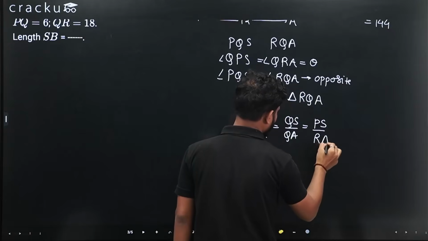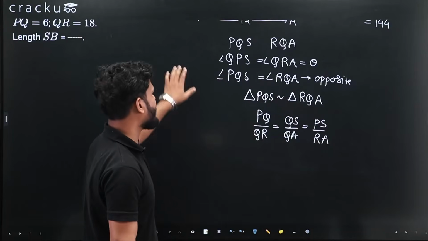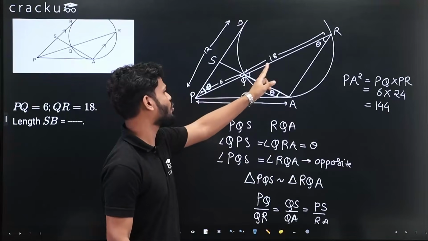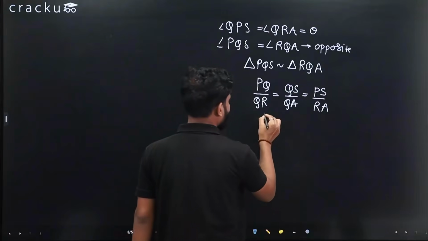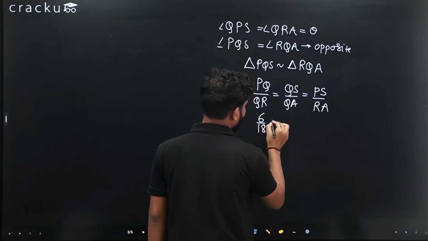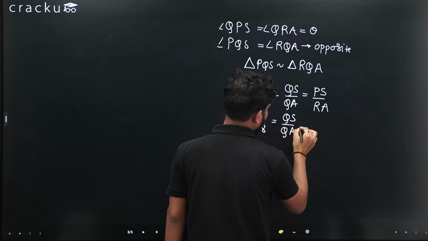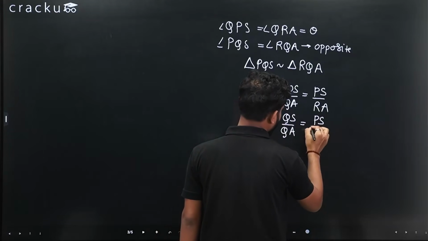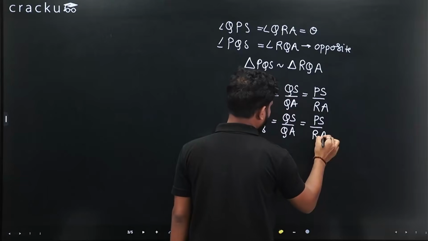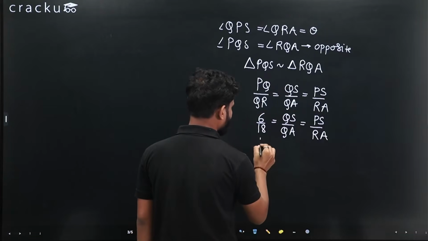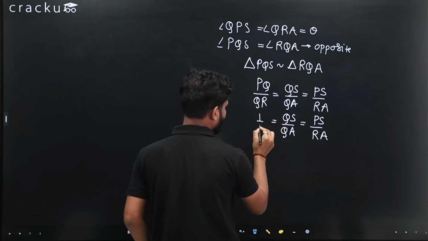RA. Now what is PQ by QR? PQ is 6, QR is 18. So 6 by 18 is equal to QS by QA is equal to PS by RA. Now 6 by 18 is nothing but 1 by 3.